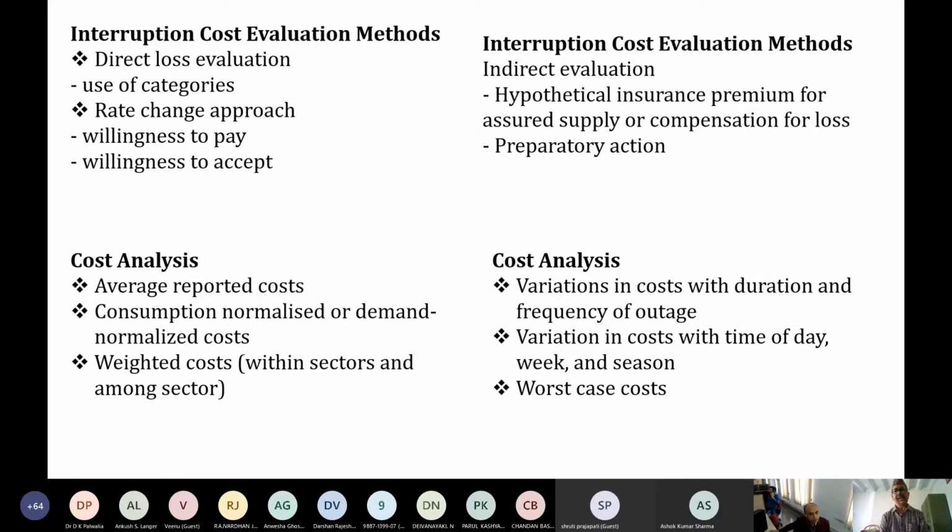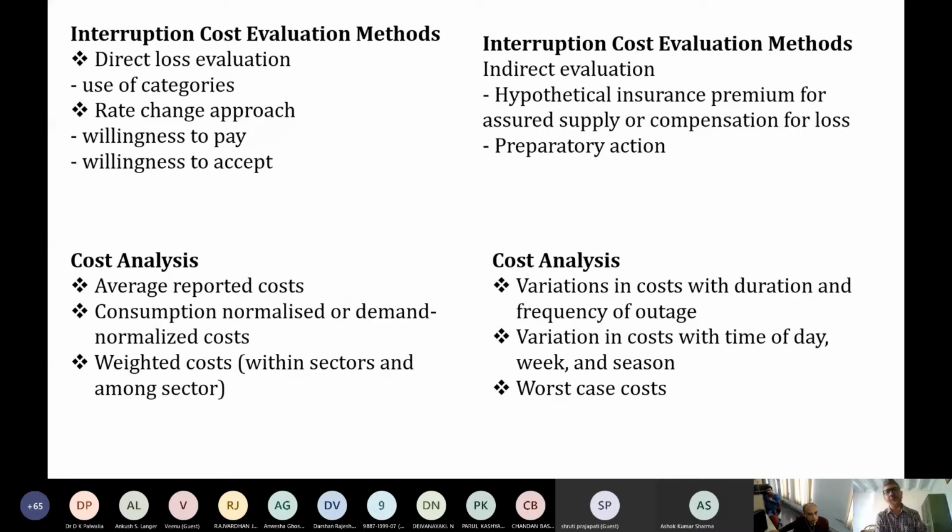If the duration of outage is very short, like a momentary interruption, maybe 2 seconds, momentarily switched off and switched on, or a 1-minute interruption, or 20 minutes, or 1 hour, or 4 hours, or 8 hours, or 24 hours, all of these interruptions which vary in duration will have different costs, because the shorter the duration, the lesser will be the cost of interruption.